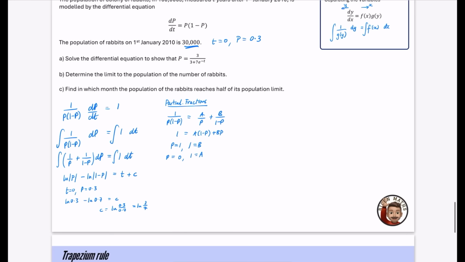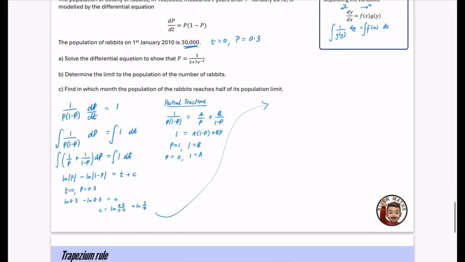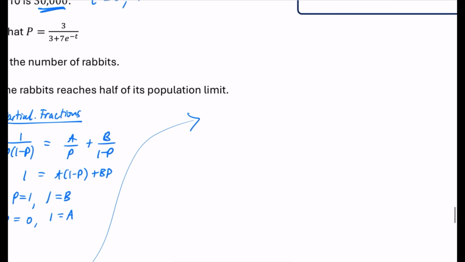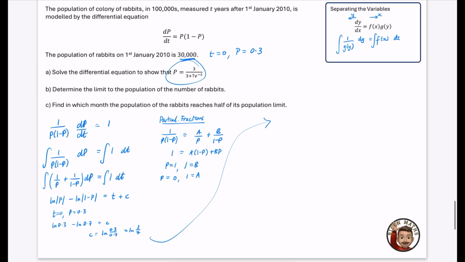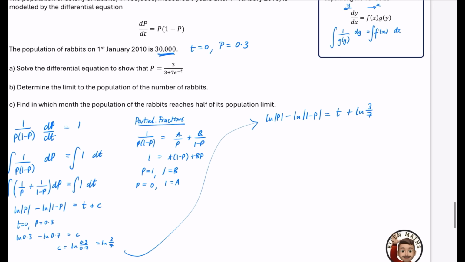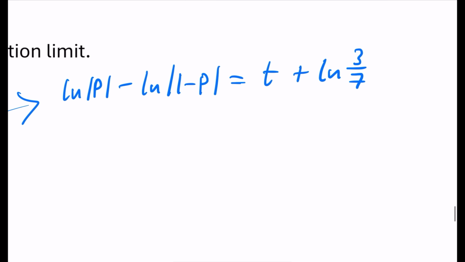So let's go up here and hope we can get this all in one question. We're now going to try and find out what p is to make it look like this. So we have that ln of p minus ln of 1 minus p is equal to t plus c, which is the ln of 3/7. Now I think we can probably combine all of this stuff using some log laws, right?